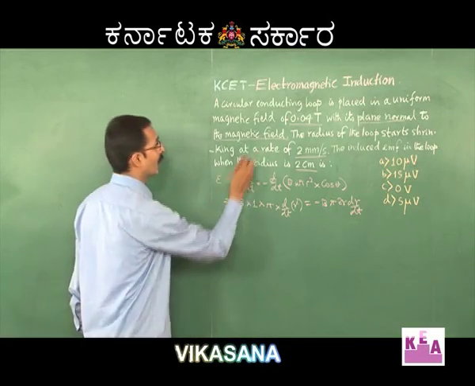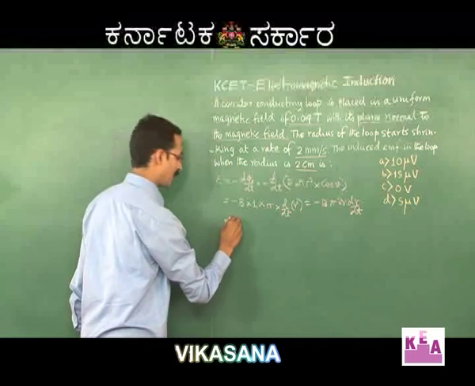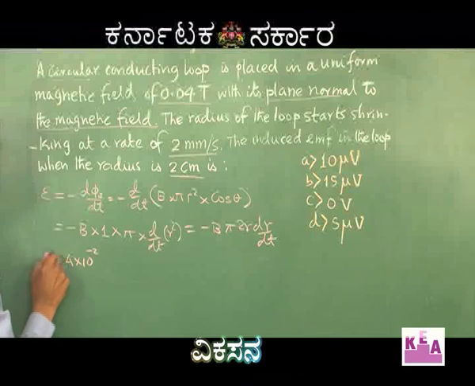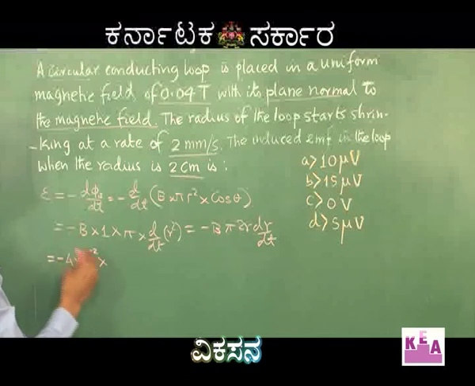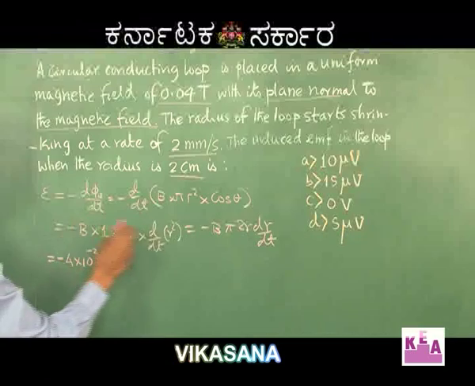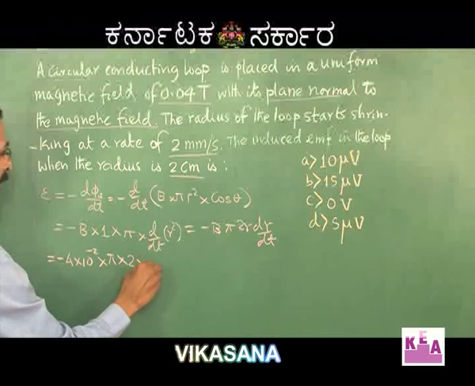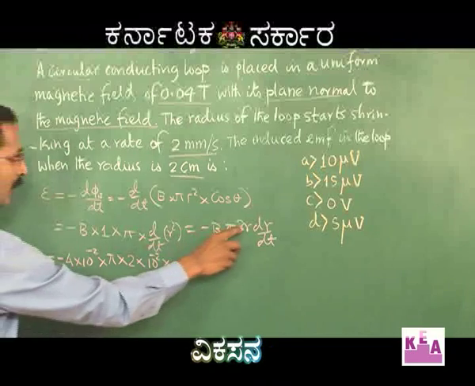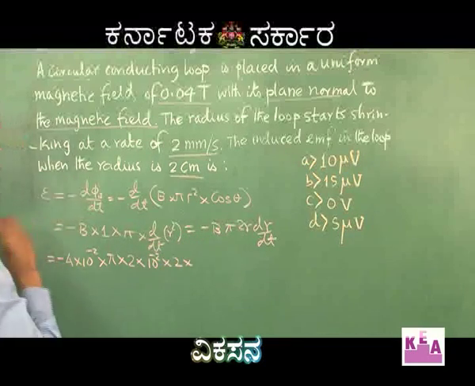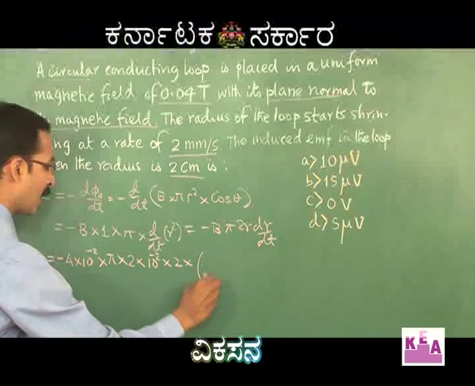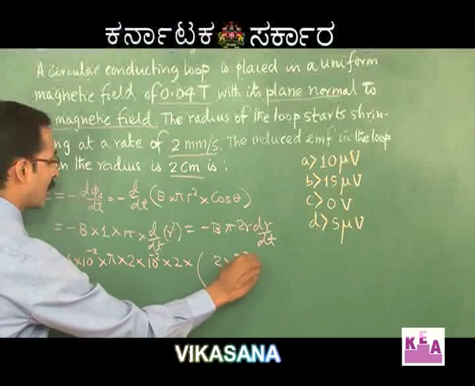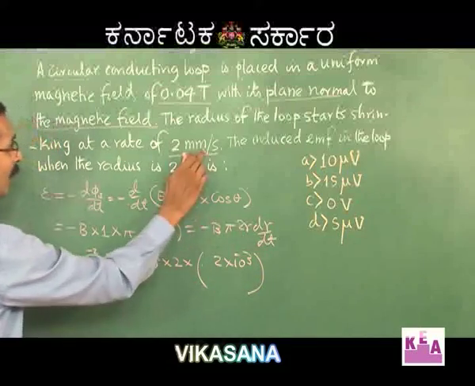That equals B, which is 0.04 Tesla, I write 4 into 10 power minus 2, there is a minus sign here, into pi into r, which is 2 centimeter, that is 2 into 10 power minus 2, into 2 here, into dr by dt, which is 2 millimeter per second, that is 2 into 10 power minus 3 per second.